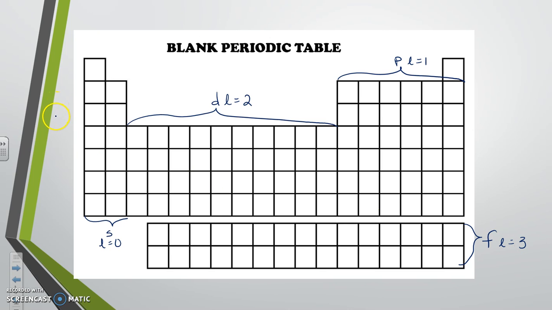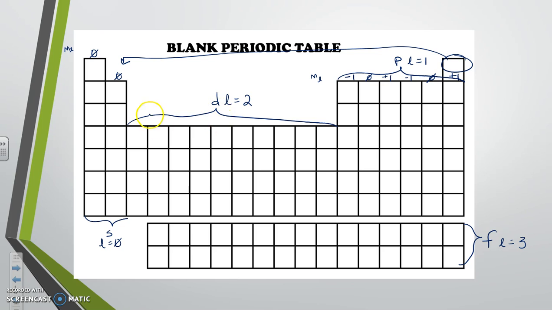On this one for your M sub L, both of these will be 0, 0. For your M sub L on these, it would be -1, 0, +1, -1, 0, +1. Remember, this element goes here.